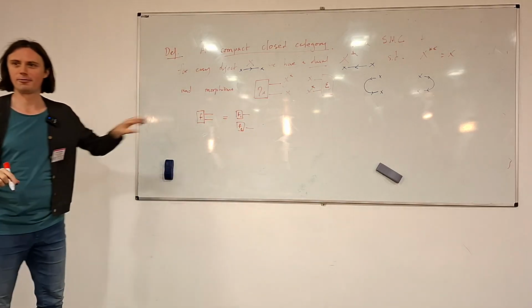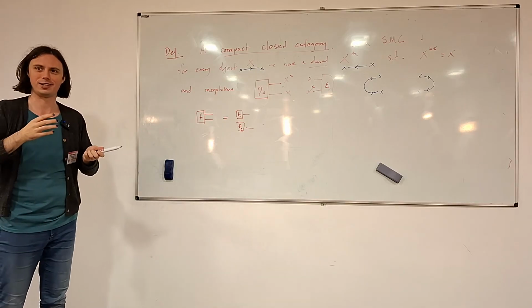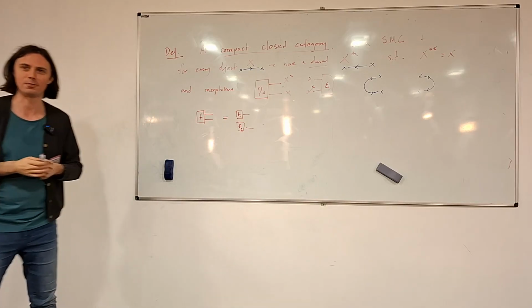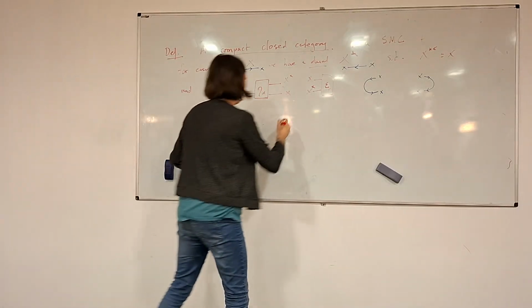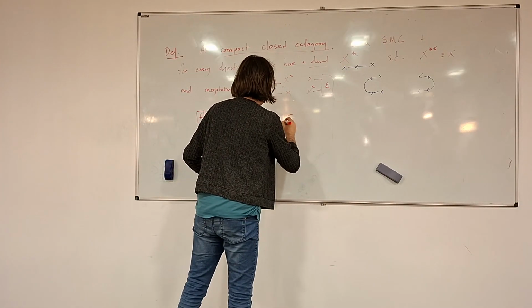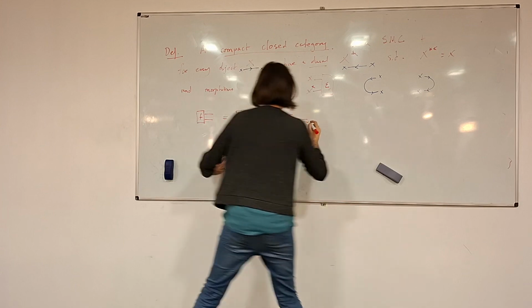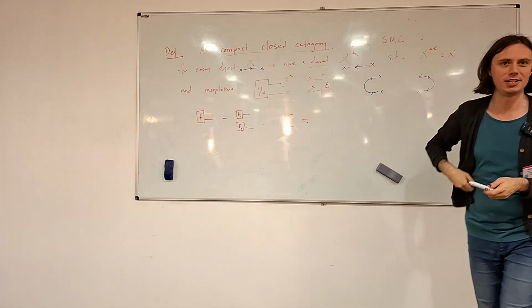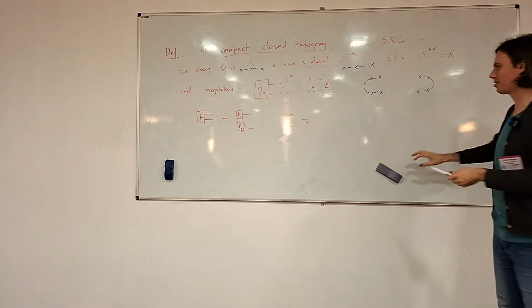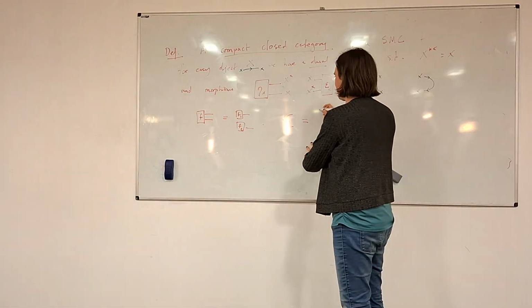This is a special case of what I did earlier, that every function has, without loss of generality, exactly one output. And so if we assume that we have a Cartesian compact closed category, then this thing must factor in some way.